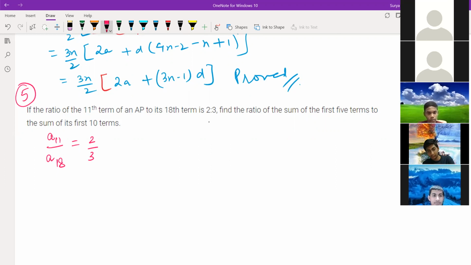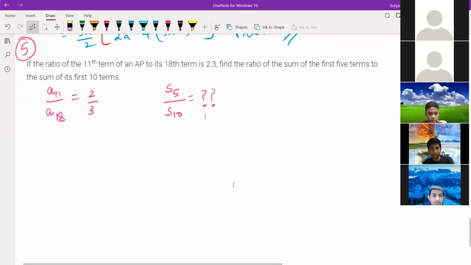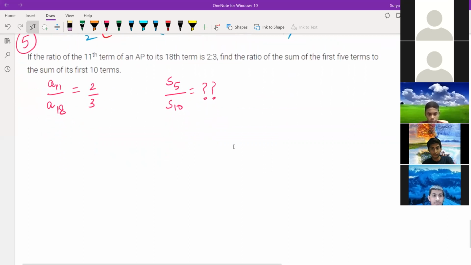So find the ratio of the sum of first five terms, S5, to the sum of first 10 terms, S10. It's clear what the question is. All of you find this is a very easy question. Question number 5, all of you try to find.